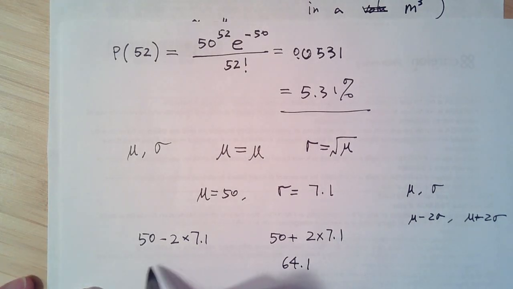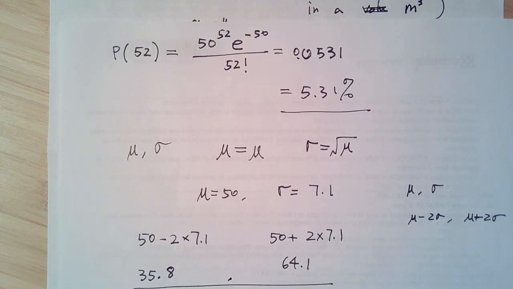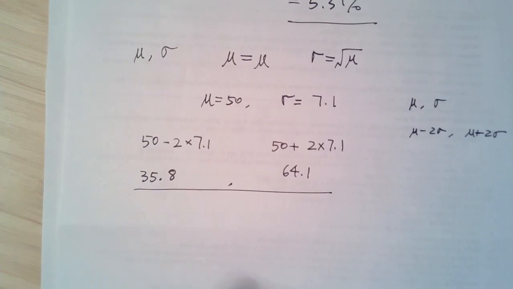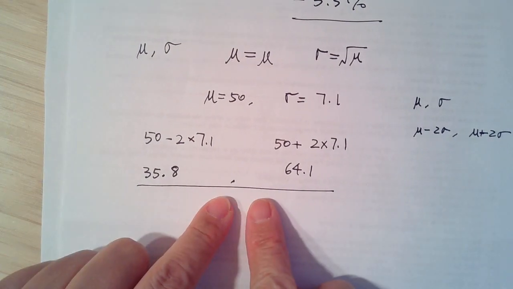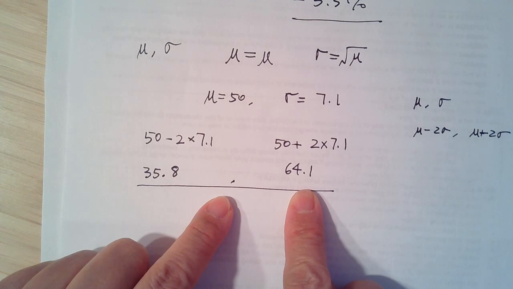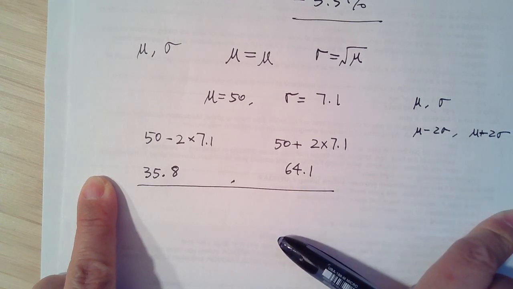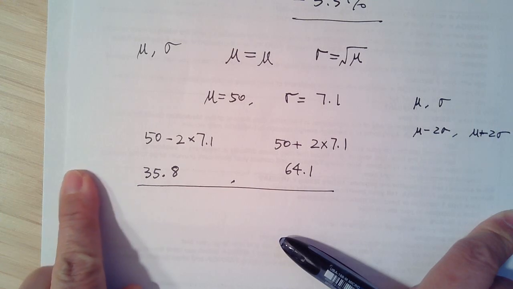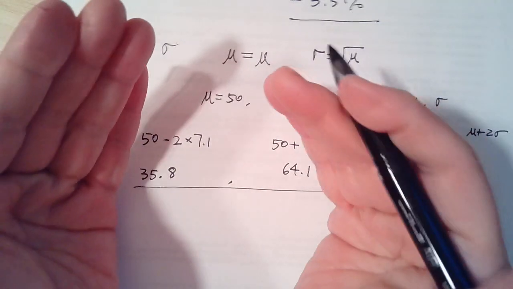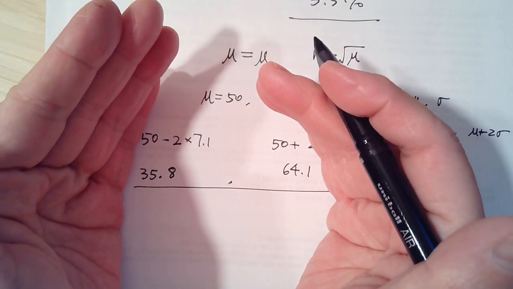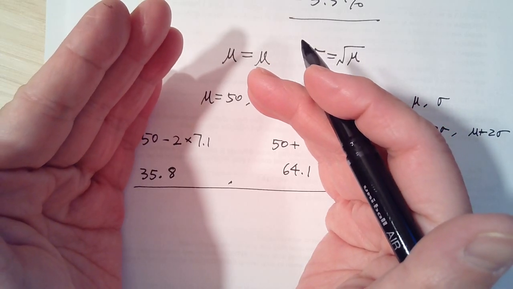For any given year, if the number of earthquakes is greater than 64.1 or less than 35.8, it is considered significant. This side is significantly high and this side is significantly low. Any number between these two is not significant, which means we're not surprised; most of the data should be between these two numbers.